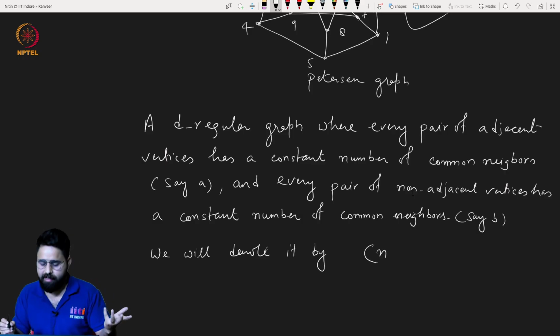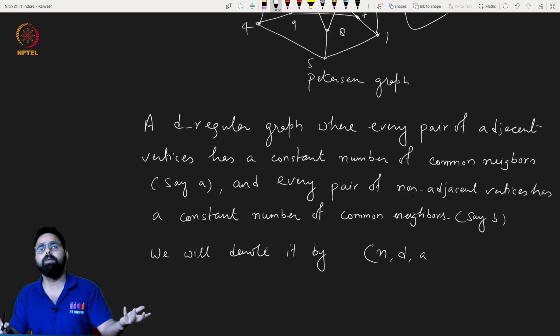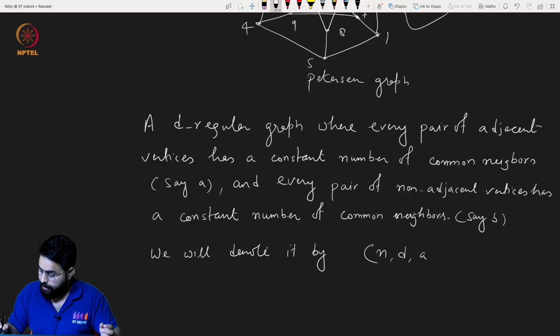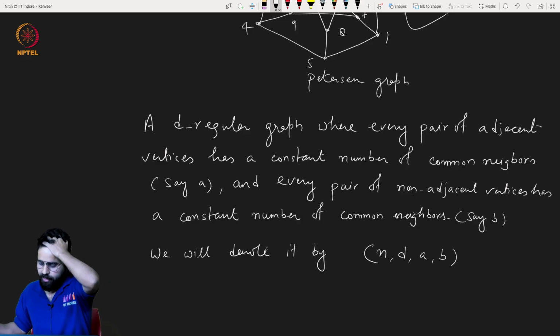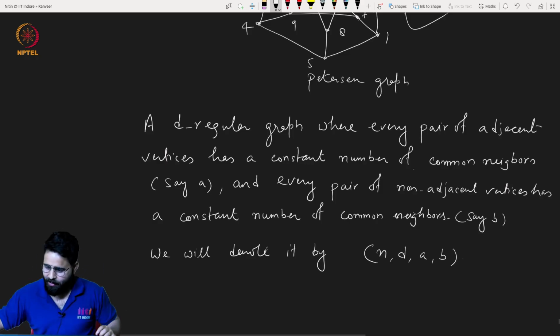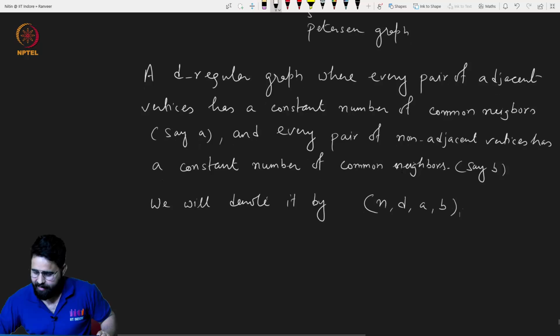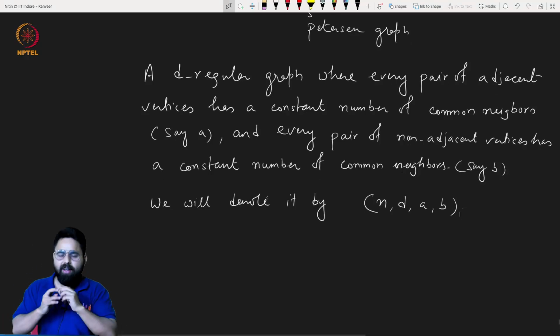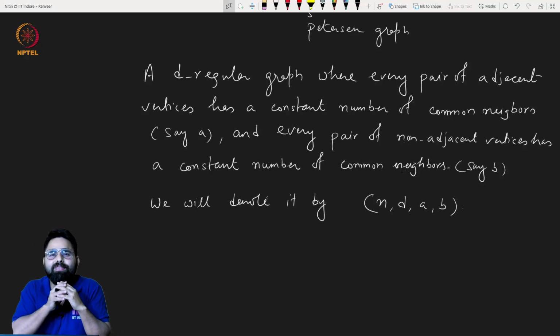n is the number of vertices, d is the degree, A is the number of common neighbors between any two adjacent vertices, and B is the number of common neighbors between any two non-adjacent vertices. I hope the definition is clear. What about its eigenvalues?